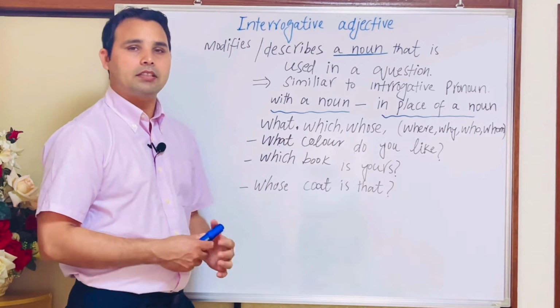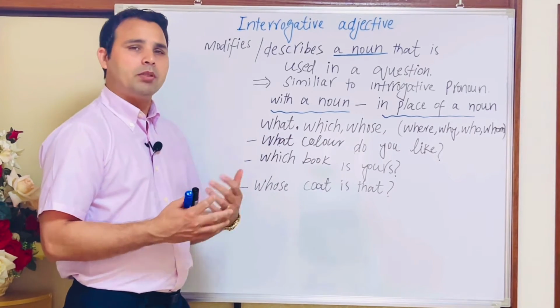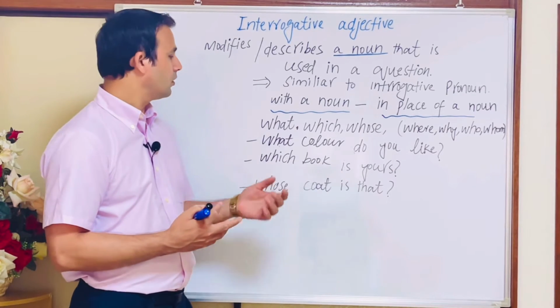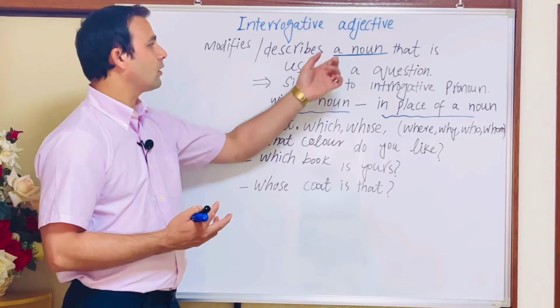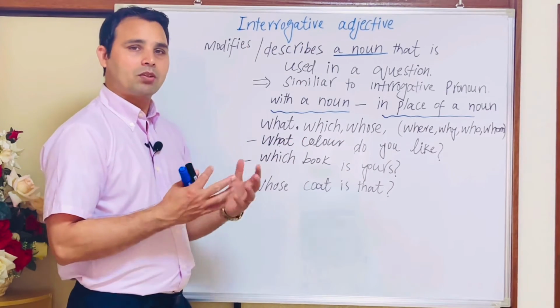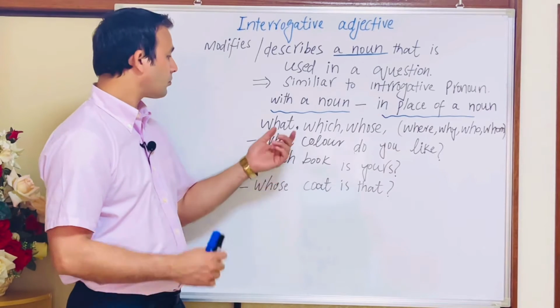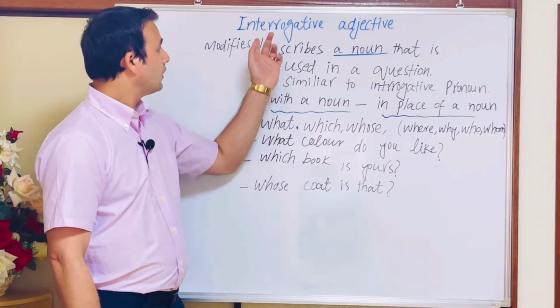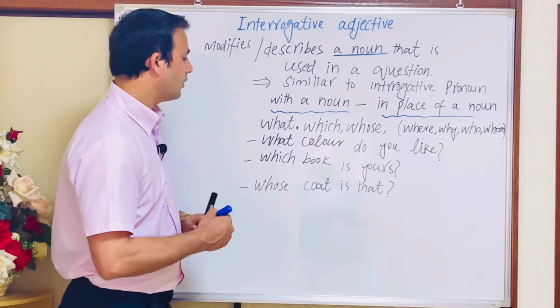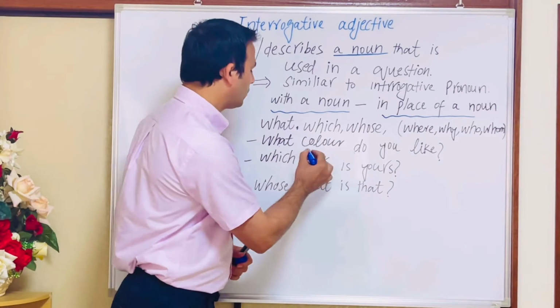There is a question at the end. Maybe sometimes people are confused. Is that an interrogative adjective or an interrogative pronoun? So I already told you that interrogative adjectives are used with a noun. So the example is very clear.